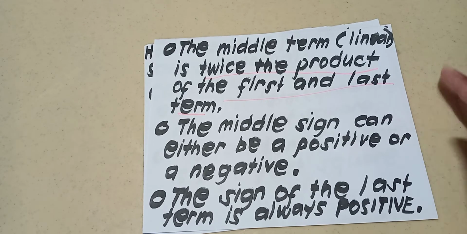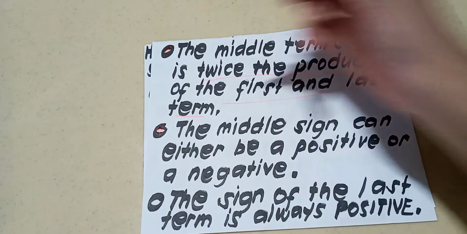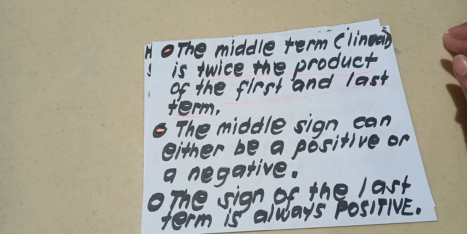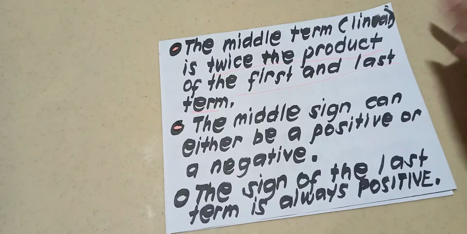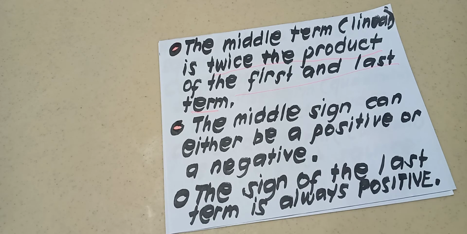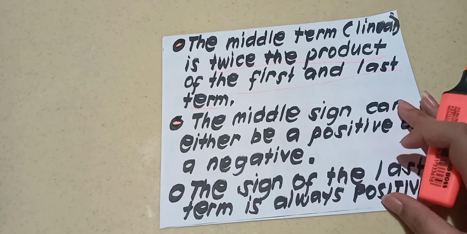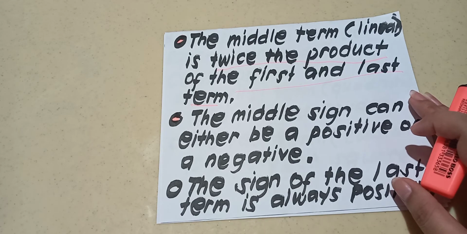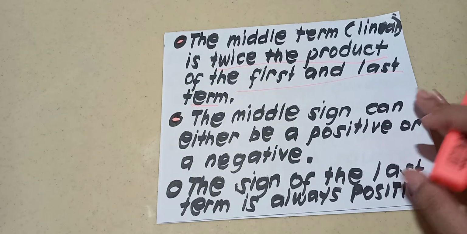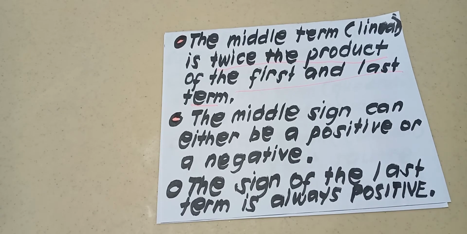We have the fourth condition: the middle sign can be either positive or negative. The middle term can be positive or negative.